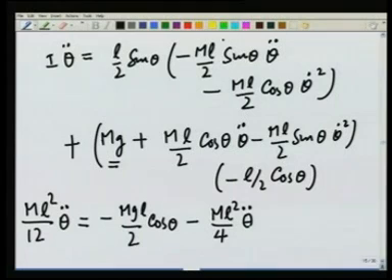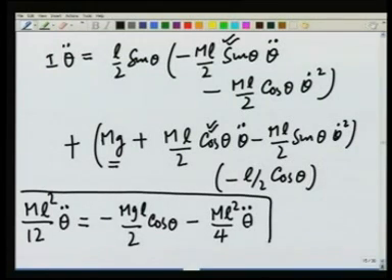Finally I am going to have plus m L square by 4 sin theta cosine theta theta dot square from here and plus m L square by 4 sin theta cosine theta theta dot square from here. So, that term cancels. So, this is my final equation.